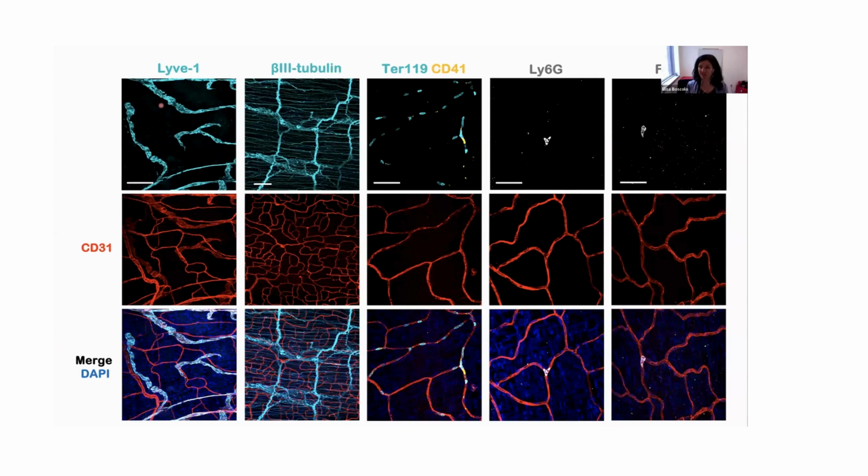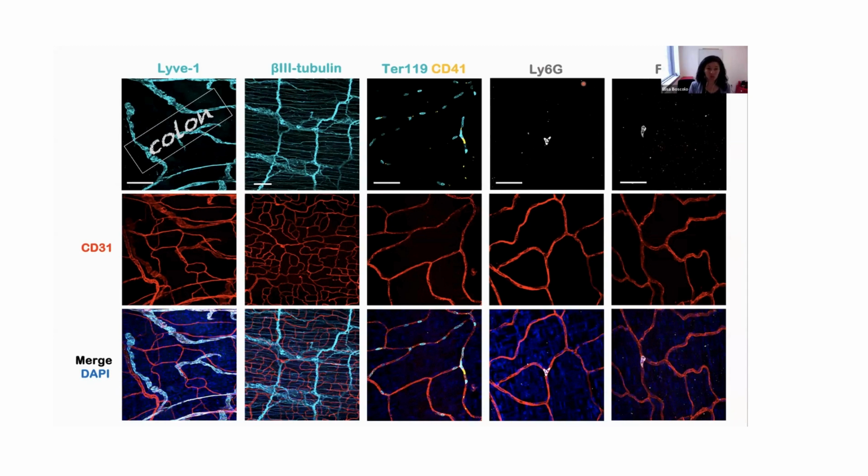Here I want to give a disclaimer: lymphatics are present only in the colon, but in the muscularis of the small intestine, they are not seen. And then you can study the enteric nervous system and stain for nerves with beta-3 tubulin, or stain for erythrocytes and platelets, or for your other favorite cell type.